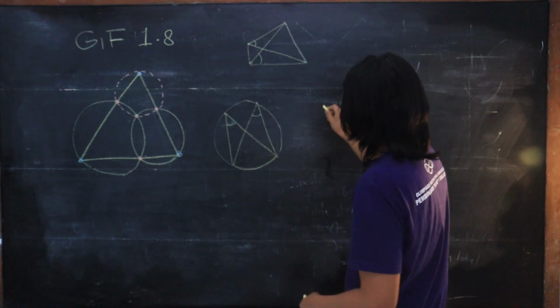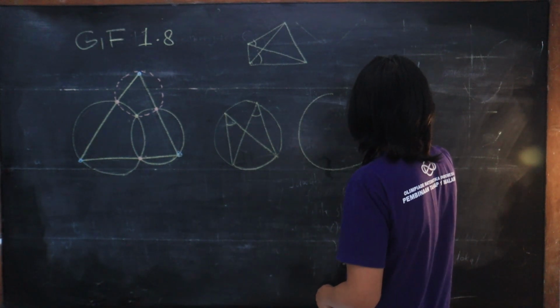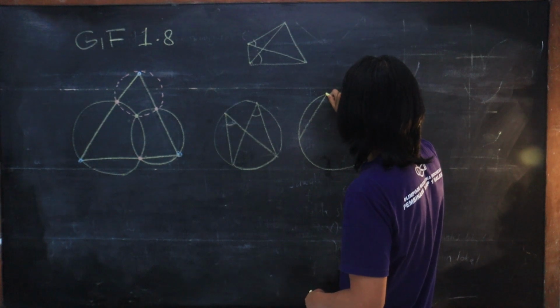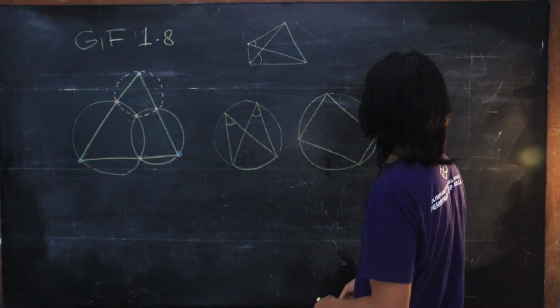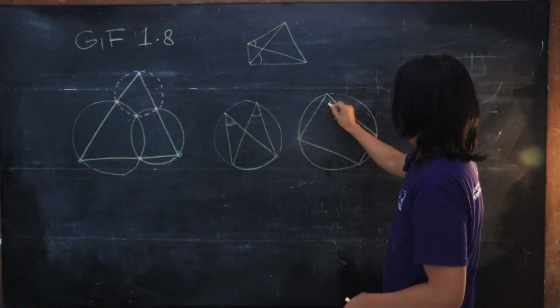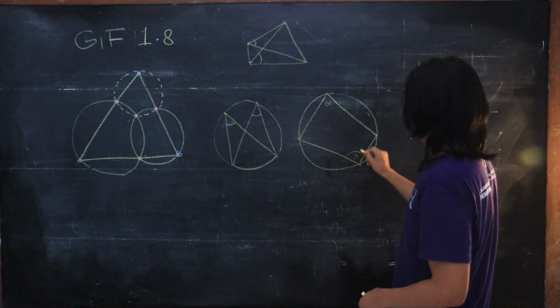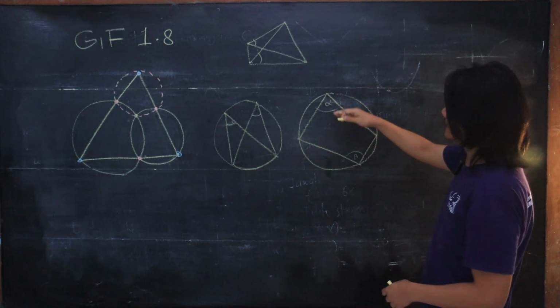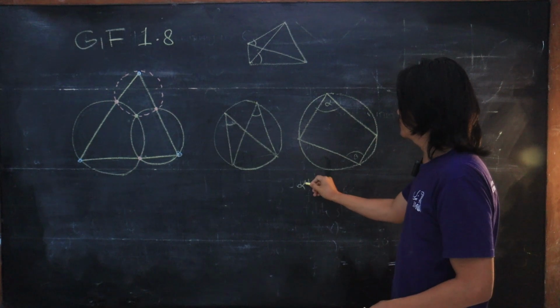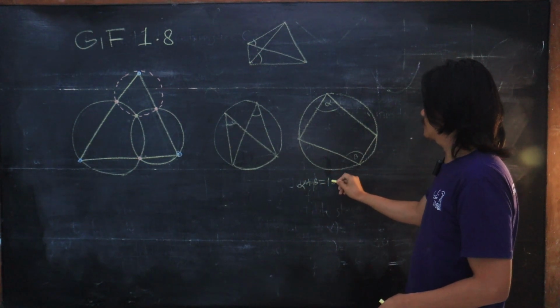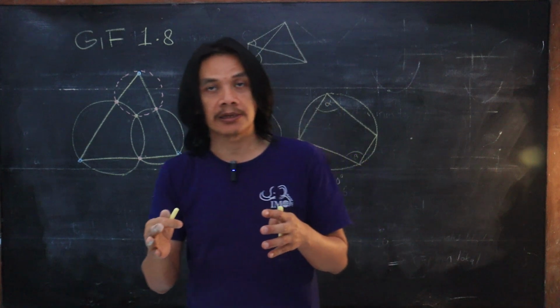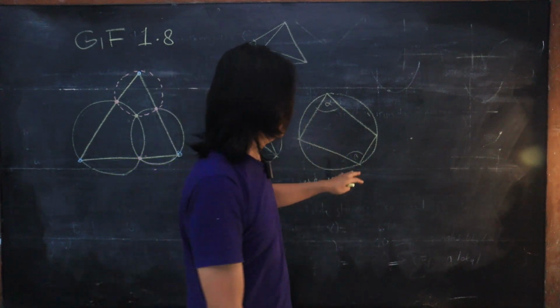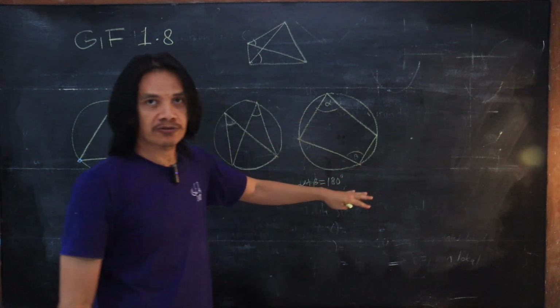The other one: we also know that if we have a cyclic quadrilateral, then if we take the 2 opposite angles, they add up to 180 degrees. The 2 opposite angles are supplementary to each other. And the converse is also true.